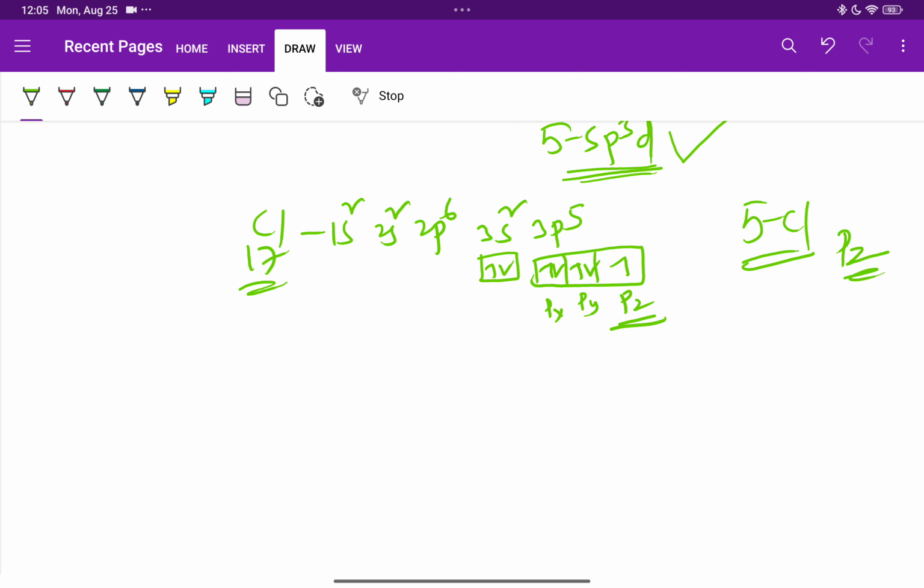Then how the orbitals overlap, I am going to show you. So this is 1, this is 2, 3, 4, 5.